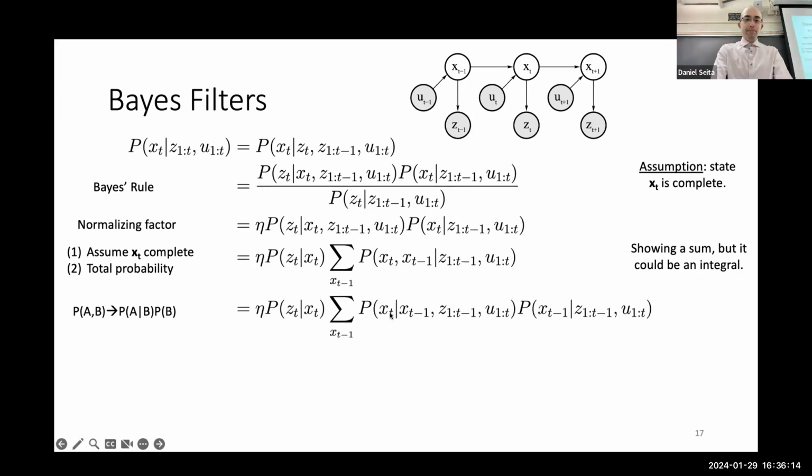So again, what's the next step? The only thing we're changing is the term that's inside the sum here. We're just applying the normal chain rule. So it's the probability of A and B, you divide it like this. And again, just ignore everything being conditioned on, just think of XT and XT minus 1, and then you can condition all the common stuff after that.